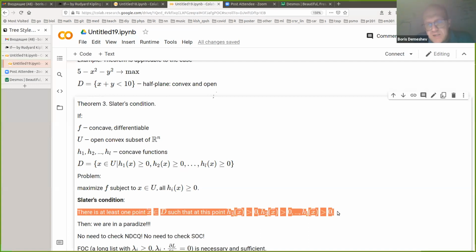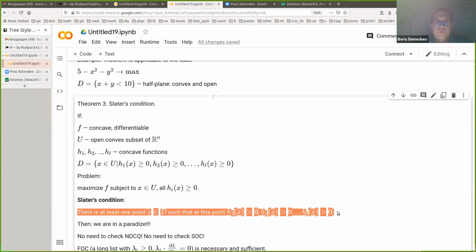So the good exercise for you is to try to find a function for which Slater's condition is violated, and for which the first order condition in the Lagrangian function is not sufficient. And we will discuss, I think, 2 or 3 examples for Slater's condition next time.